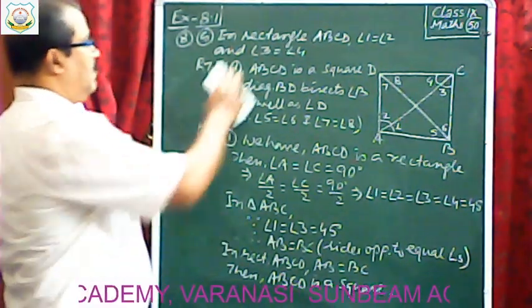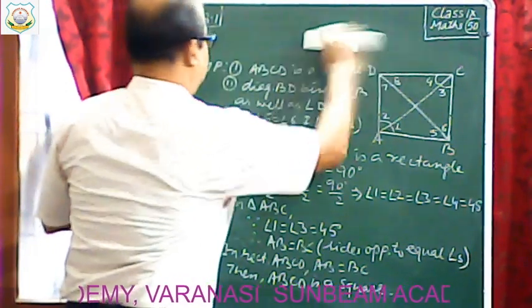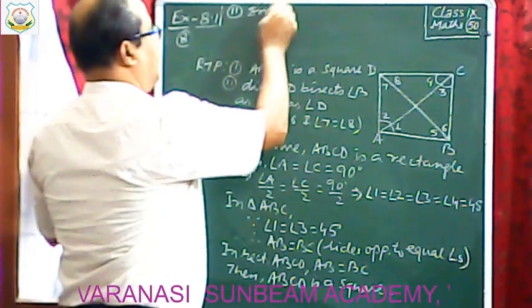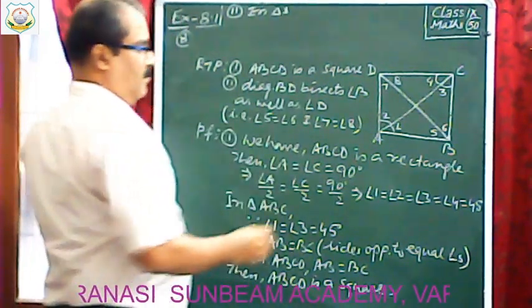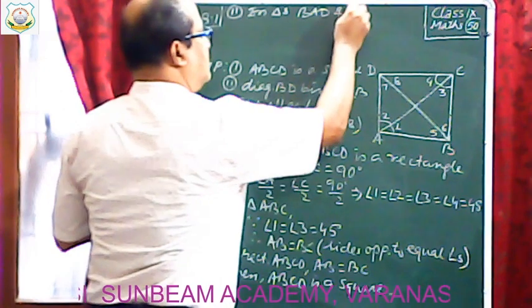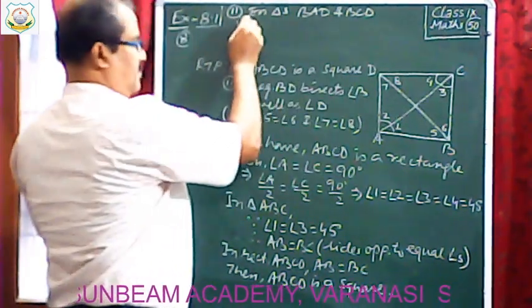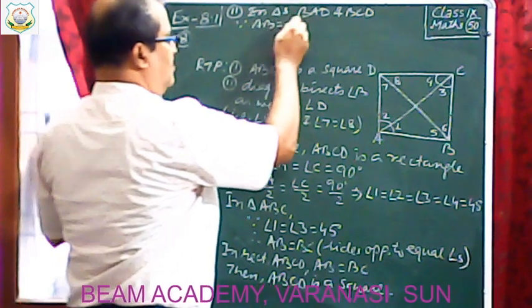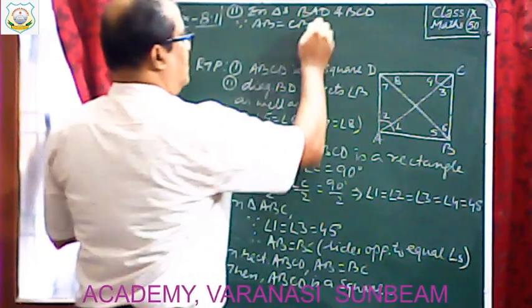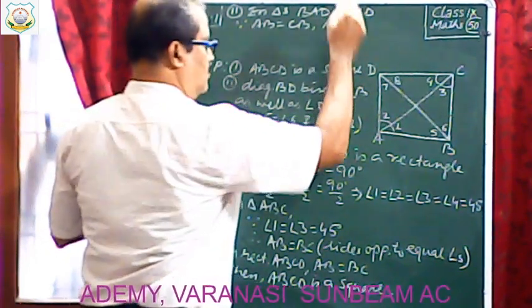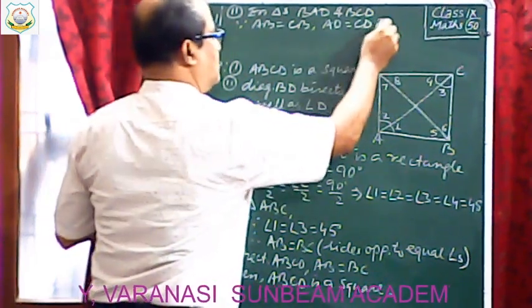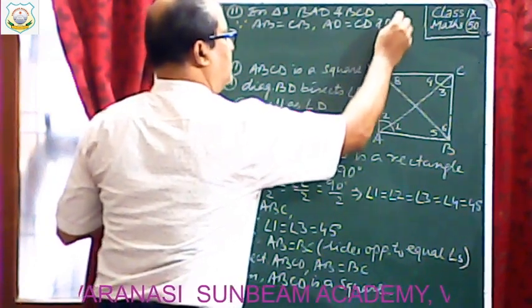Okay. What we have to do? Required space. Second, in triangles BAD and BCD, since AB equals CB, AD equals CD, and BD equals BD.